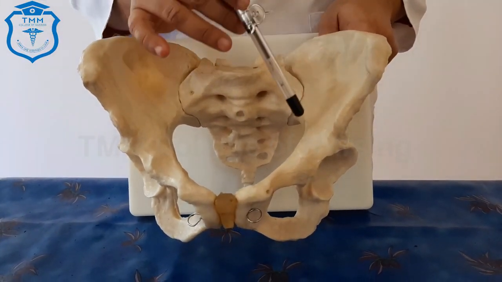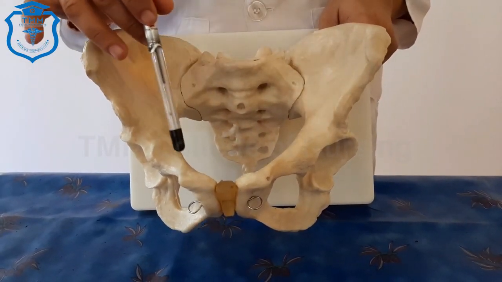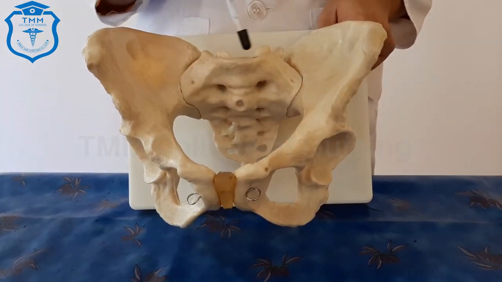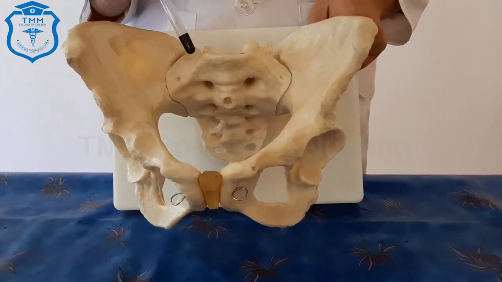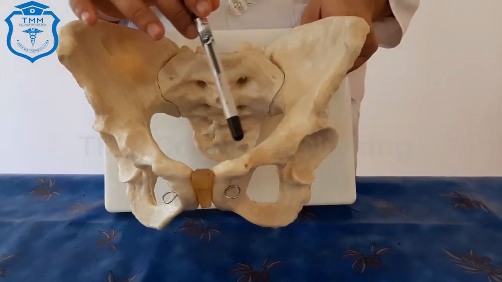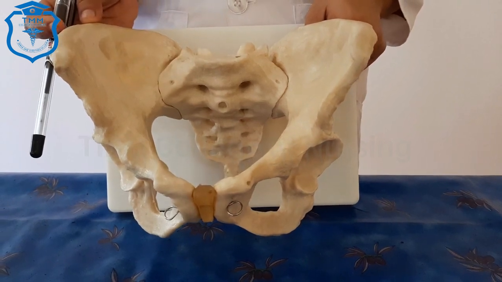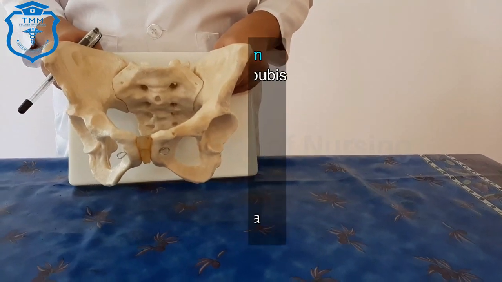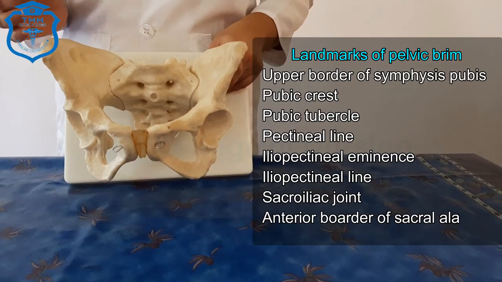This is the area where the fetus comes in contact with the maternal pelvis. Then the pelvic brim consists of different bony points. These bony points are termed landmarks of the pelvis. So there are 9 landmarks present on the pelvic brim. I will show you the 9 landmarks.